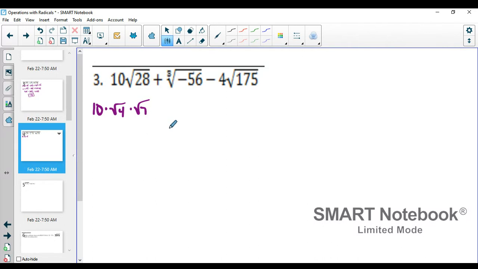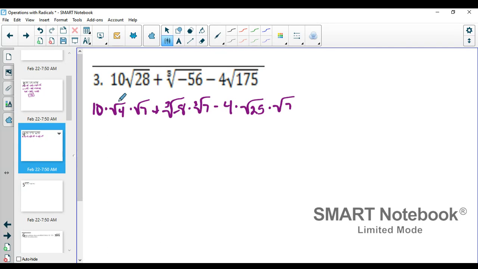For the cube root of negative 56, we can do 8 and 7, so the cube root of negative 8 times the cube root of 7. And we have the square root of 175 that we have to simplify. The factor of 175 that has a square root is 25, so we have 4 times the square root of 25 times the square root of 7.